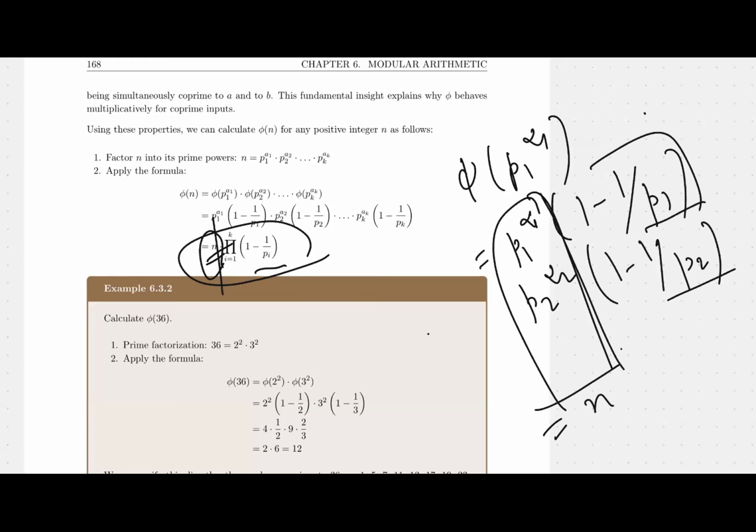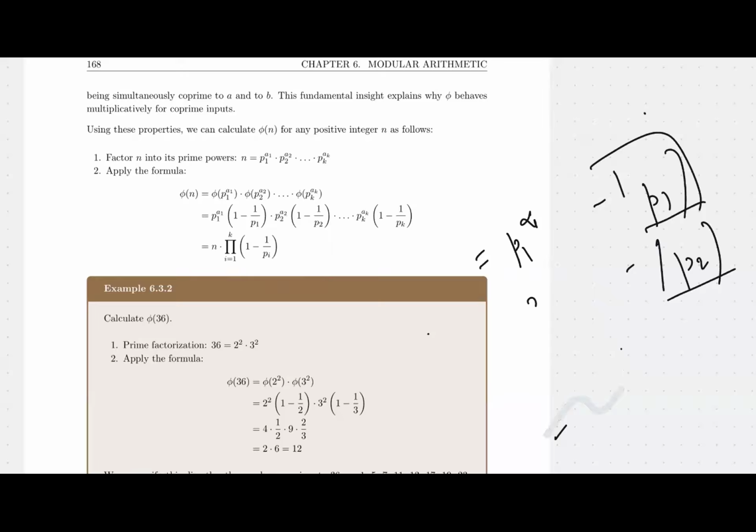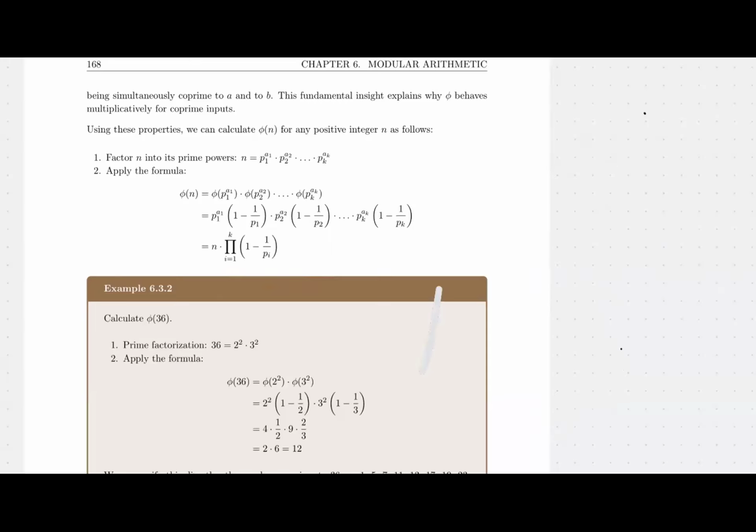So the idea is that what we just discussed gives us an idea of how to calculate the Totient function for any composite number n. And this is possible because n can be decomposed into primes, and any number co-prime to n will have to also be co-prime to all of its constituent primes, and vice versa.